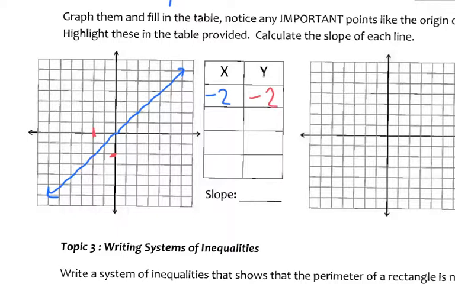And if I look at 0, if x is 0, y is also 0. And if I look at 1, my range is also 1. So you kind of see the pattern. And if the domain is 2, my range is also 2. So my slope is 1 over 1, or just 1.